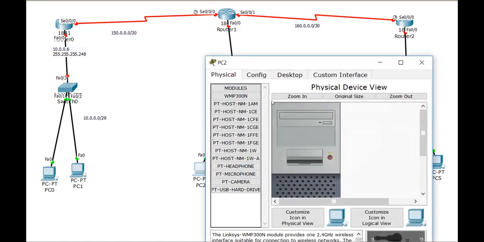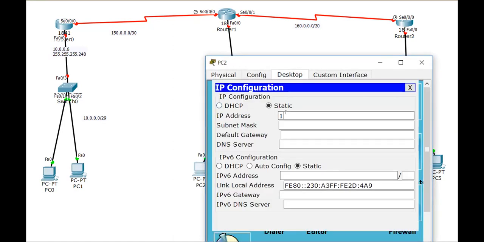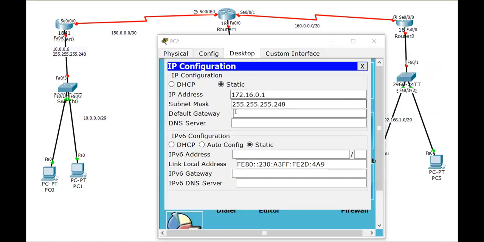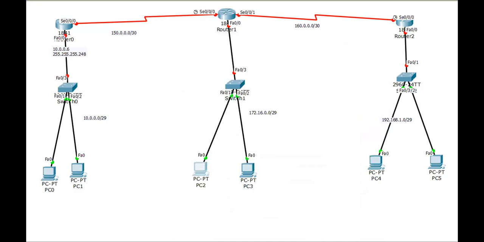In another network, I'm using 172.16.0.1, and here I'm using 172.16.0.3. In their gateway, I have to use 172.16.0.3 with the subnet mask.